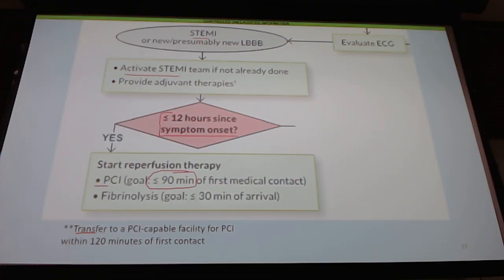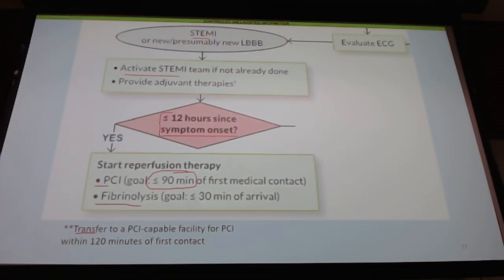Hopefully so, but stranger things have happened. If I cannot transport them to a PCI capable facility within that 120 minutes, then I'm going to do fibrinolysis. And the goal is that they get that fibrinolysis within 30 minutes of first contact with medical personnel. So those are our time hacks to manage a patient with a STEMI.